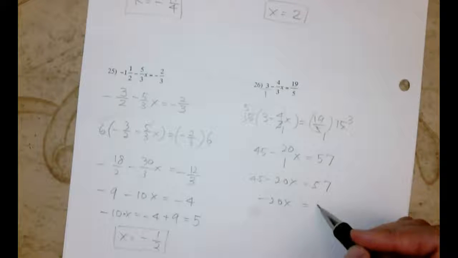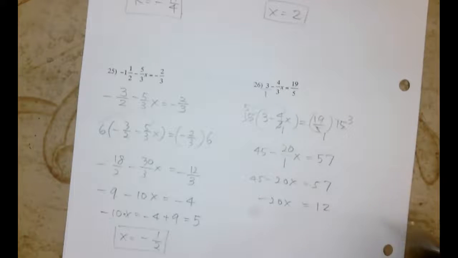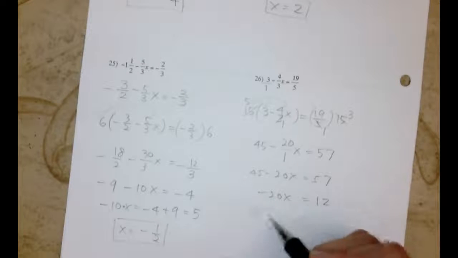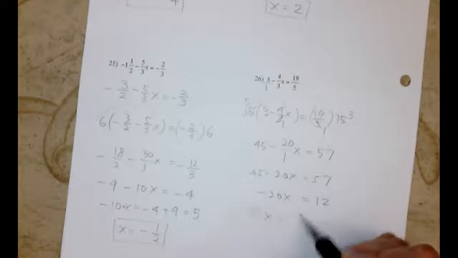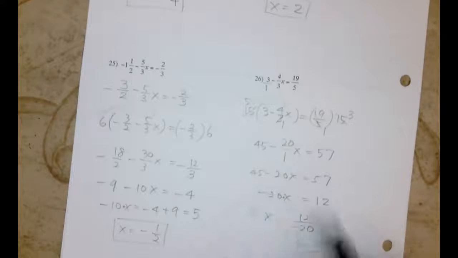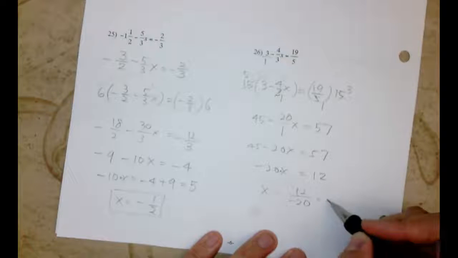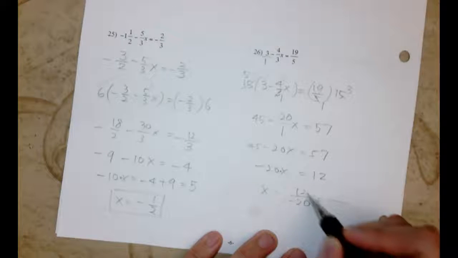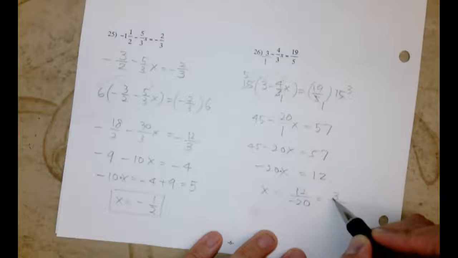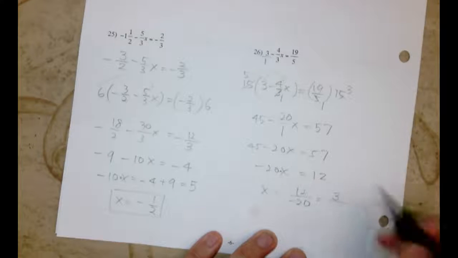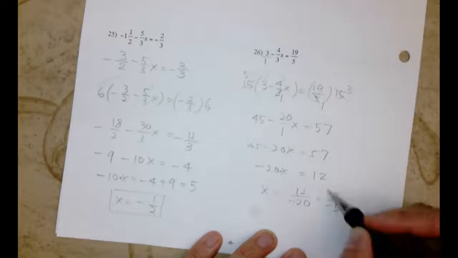So what do you get? 12? Yeah, 12. Okay, so then x equal 12 over minus 20. There's a multiply here, so you divide both sides by negative 20. And then you have to simplify. There's a 4 in there, so 3 times 4 is 12, 5 times 4 is 20, so minus 3 over 5, and this is the answer.